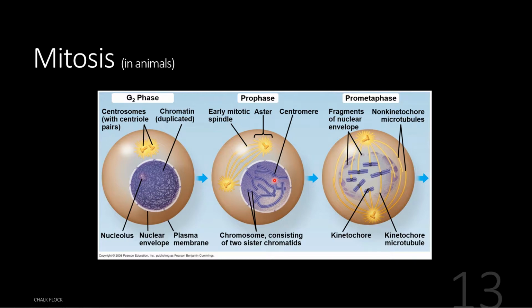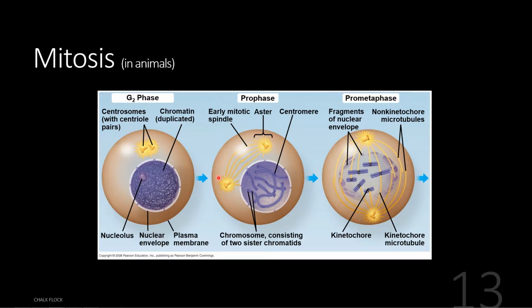The centromere is the part of the chromosome that links the sister chromatids together. And it plays a really important part in future phases. This phase, by the way, is called prophase. I don't have a witty thing for you to remember what prophase is. Just remember that the first phase is prophase.